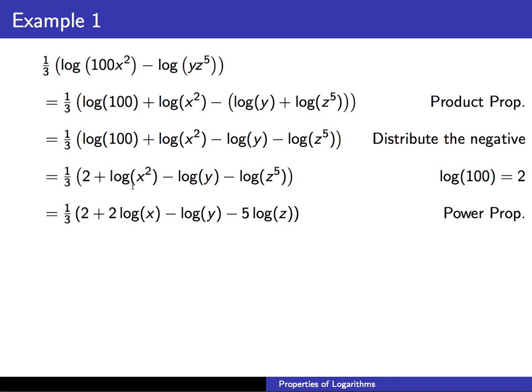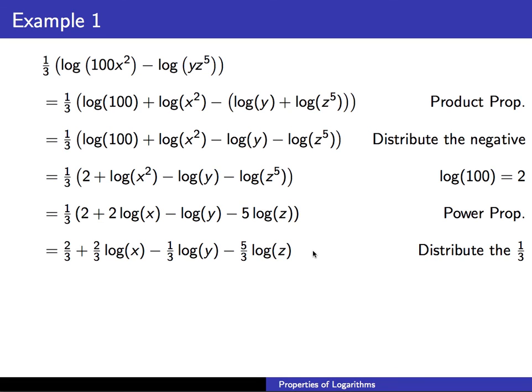So we'll get 2 plus 2 log of x minus log y minus 5 log z. And then when we distribute the 1/3 to everything, we get 2/3 plus 2/3 log x minus 1/3 log y minus 5/3 log z as our final answer.